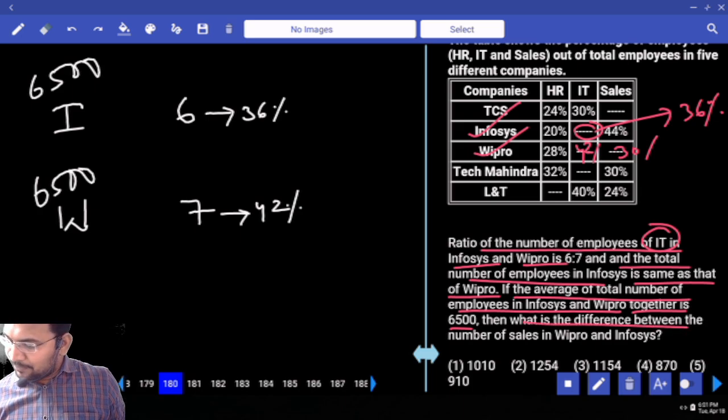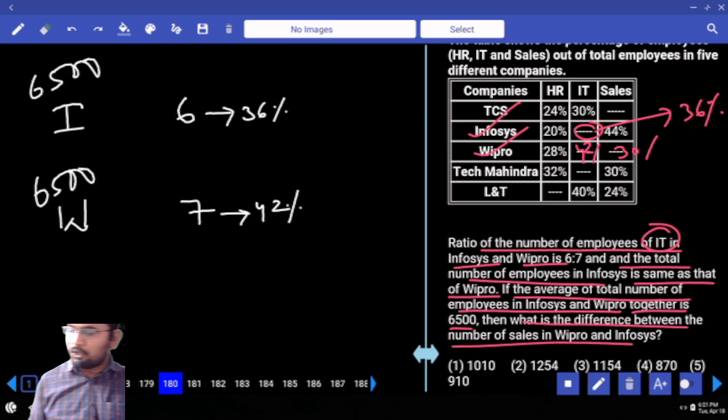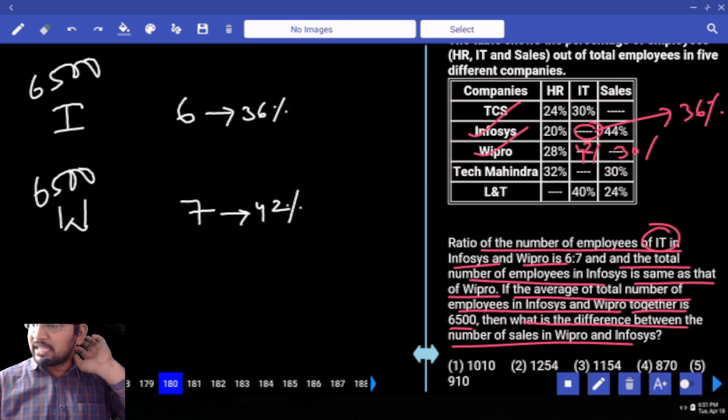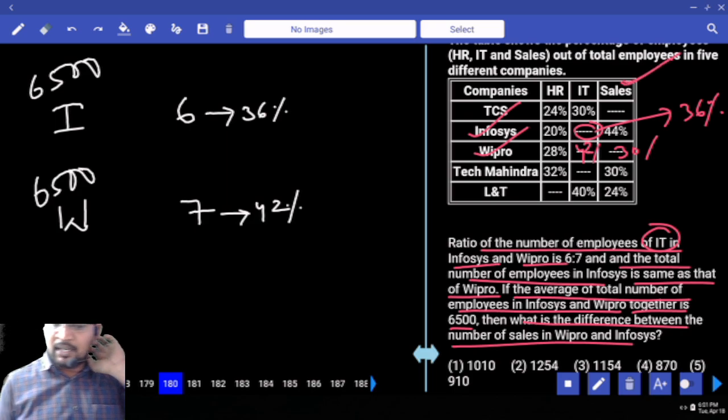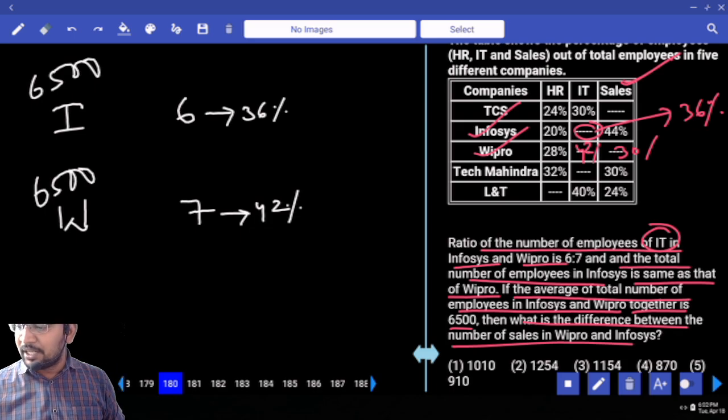Next, what is the difference between the number of sales employees in Wipro and Infosys? Sales department, here it is 44%.